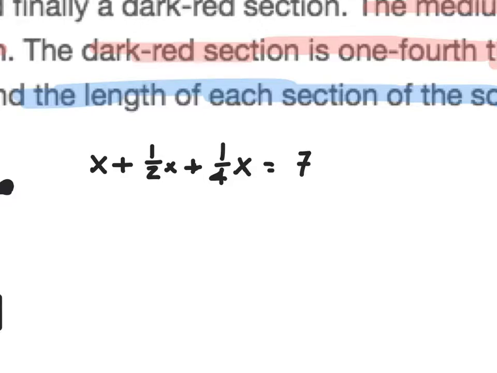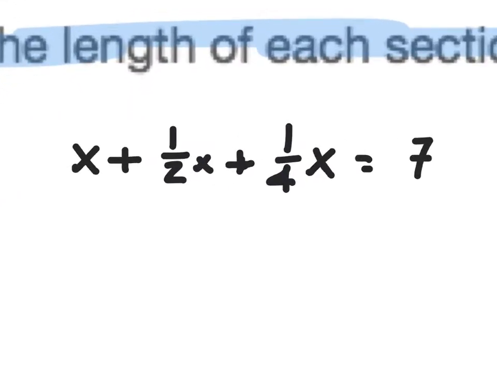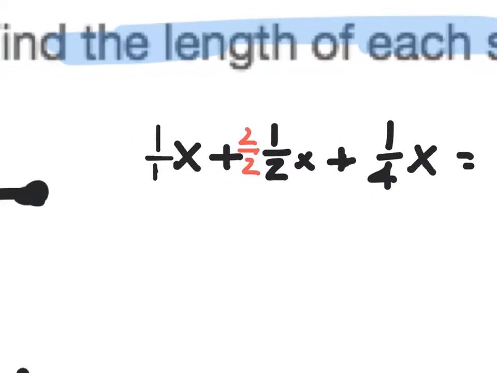Now what I want to do is get a common denominator, because it's hard for me to add x, 1/2 x, and 1/4 x. I'm going to put a 1 over 1 here. To get a common denominator of 4 on this part, I'm going to multiply by 2 over 2. And over here, I want to multiply this one by 4 over 4.